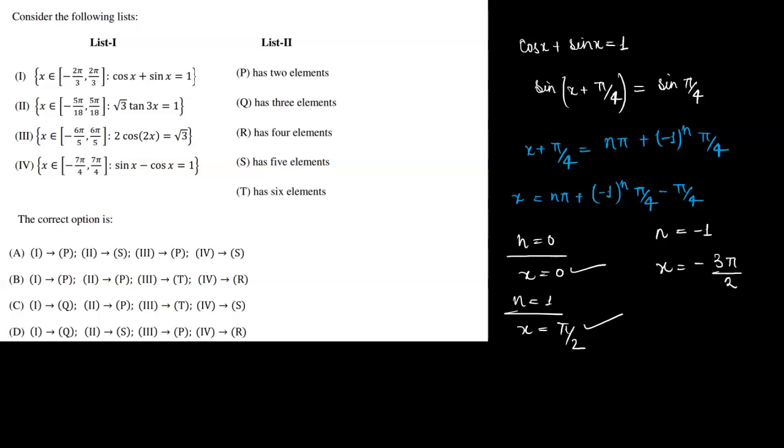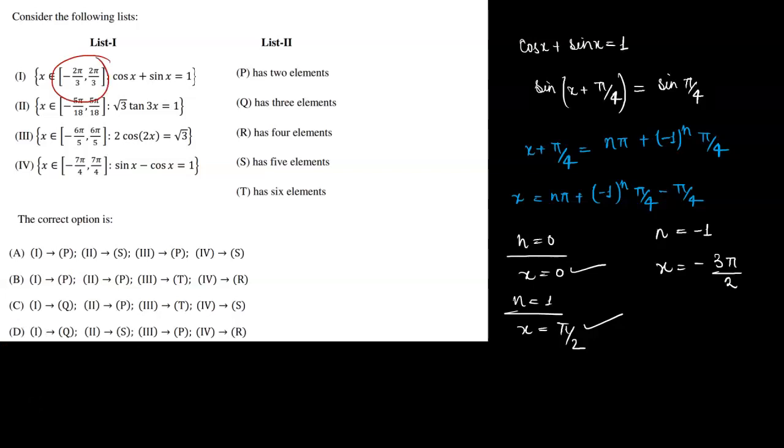So let us check the elements which are coming inside this interval. For n is equal to 0, we will have x is equal to 0, which will come inside the interval. Now for n is equal to 1, we will have x is equal to pi by 2. This will also come inside the interval. For n is equal to minus 1, x will be minus 3 pi by 2, which will be outside the interval which is given here.